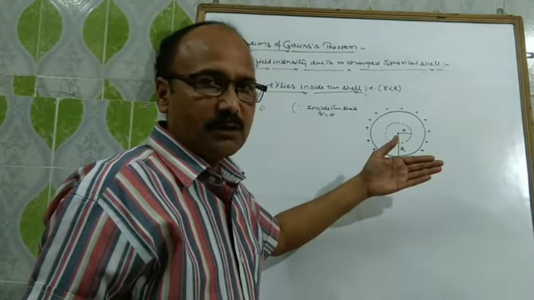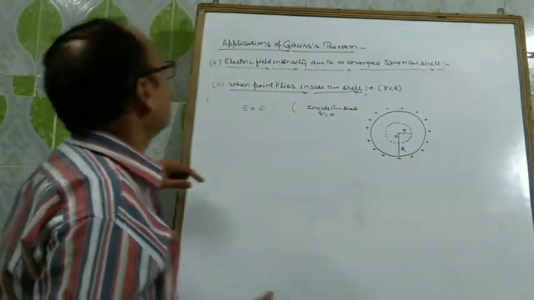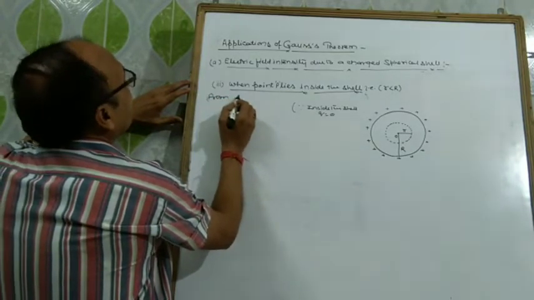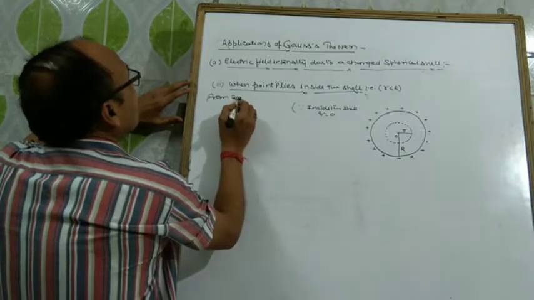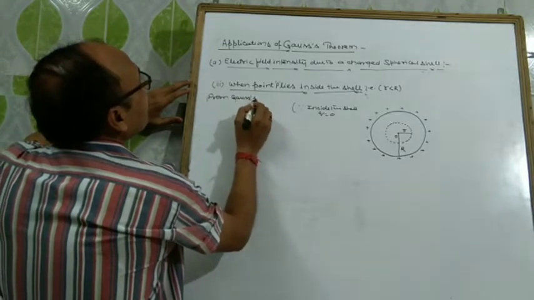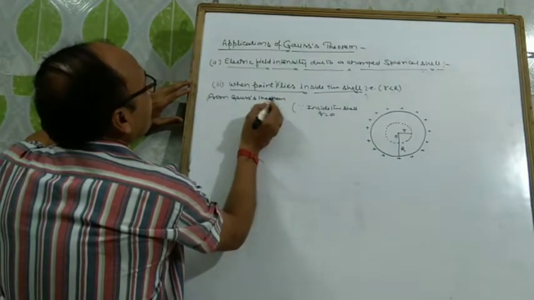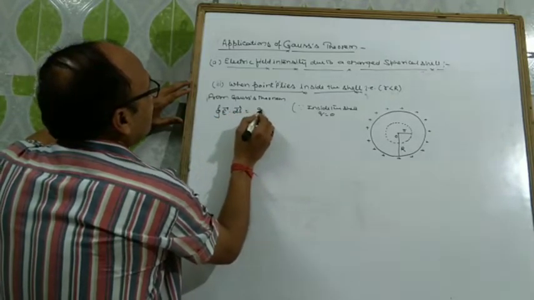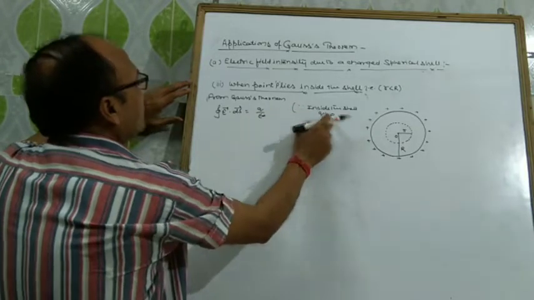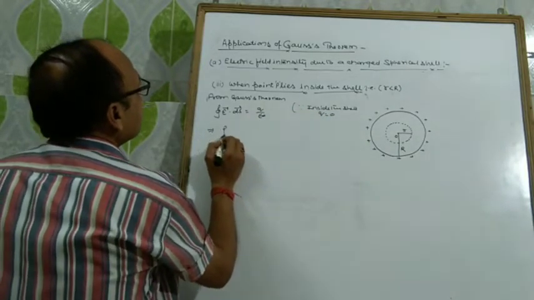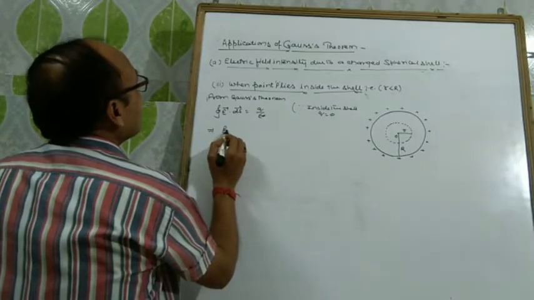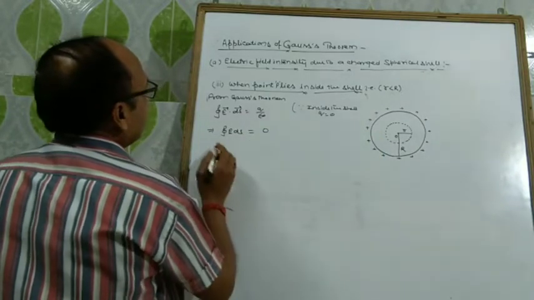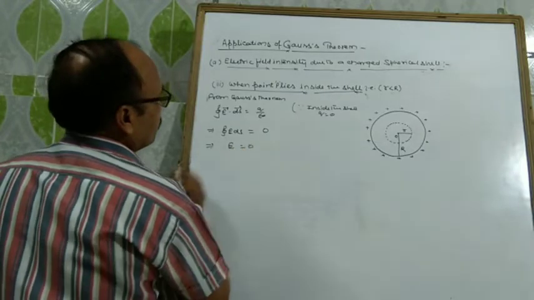You apply Gauss's theorem. From Gauss's theorem, closed surface integration E dot ds equals Q upon epsilon naught, but Q equals 0, which implies E ds, with theta equals 0, equals 0, which implies E equals 0.